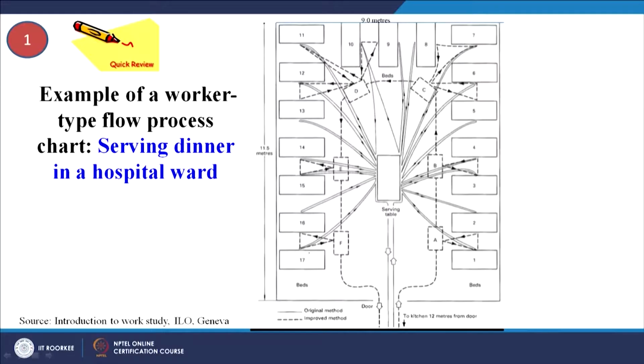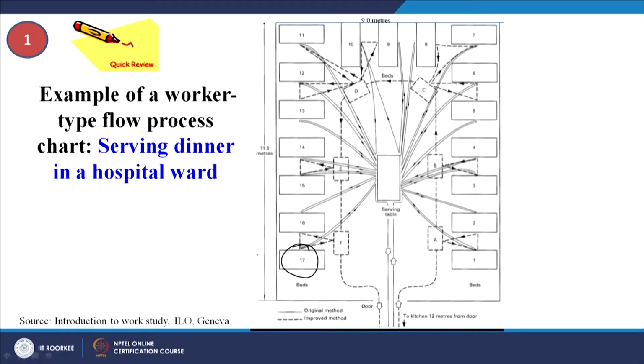So we have learned how to draw those charts. Today we will use those charts to solve the problem using the critical examination technique or critical questioning technique. Now this is an example, I think the 3rd time we are discussing the same example in our course. So here a person or a nurse is serving food to 17 different patients. So the sequence, I think by now all of you know.